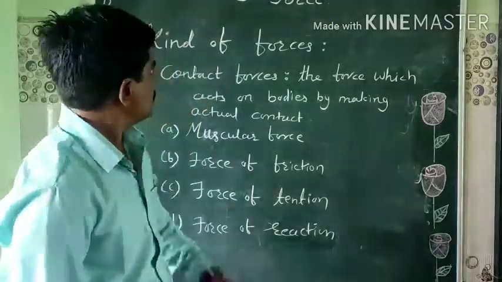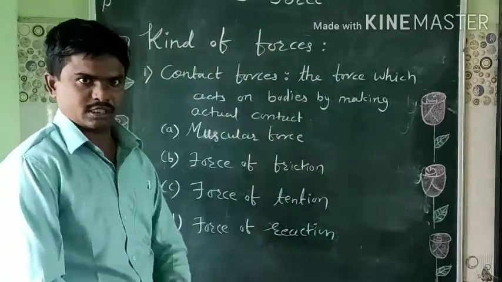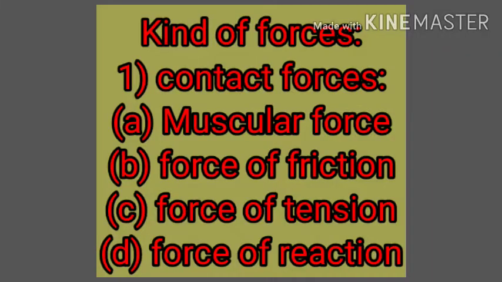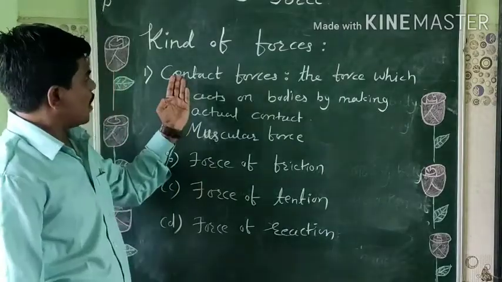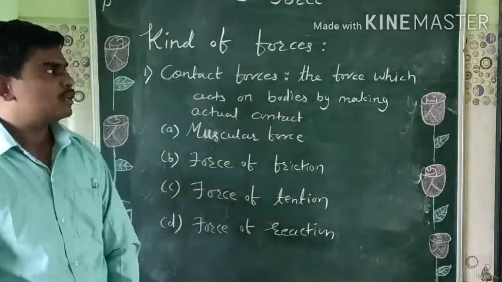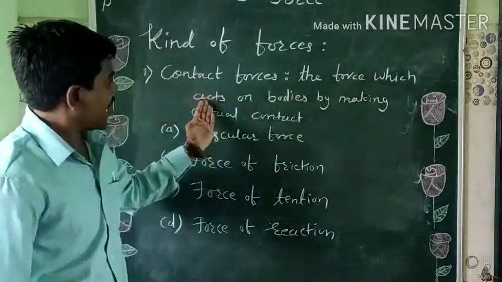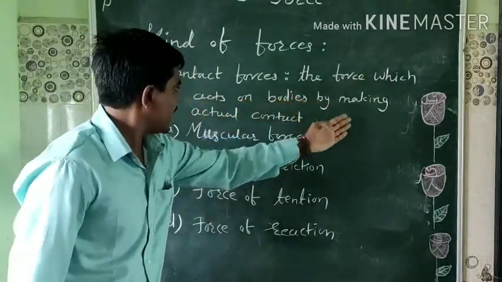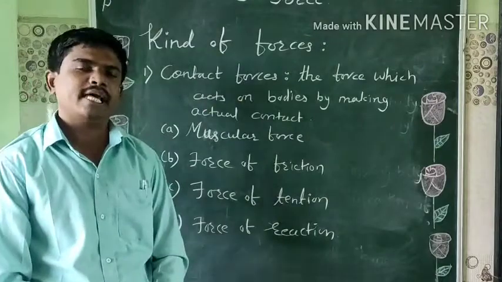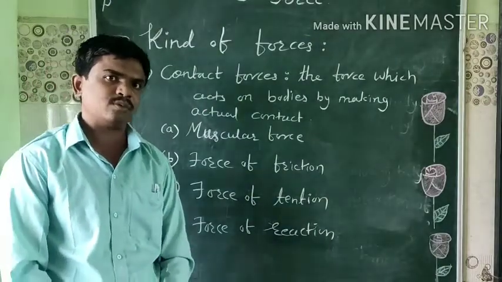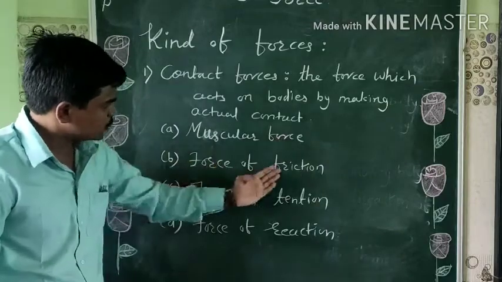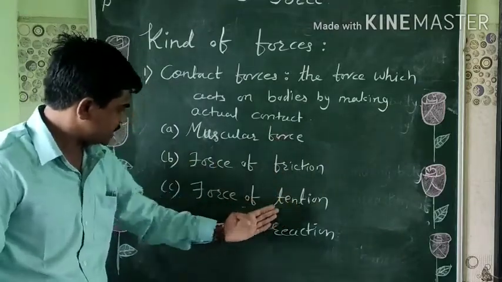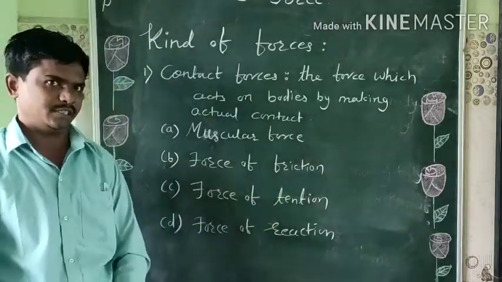Now let's see kinds of forces. First, contact forces, the force which acts on bodies by making actual contact. There are generally 4 types of contact force: muscular force, force of friction, force of tension, force of reaction.